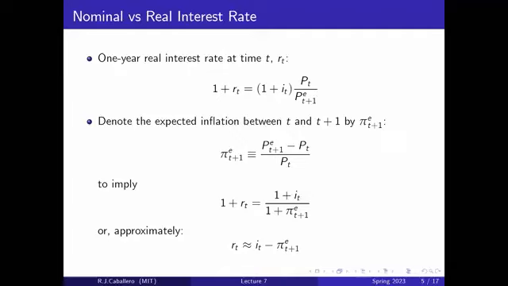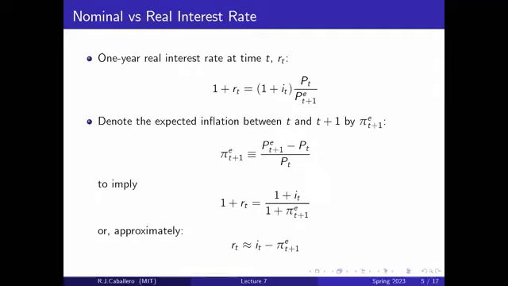So we arrived in the previous slide at the conclusion that 1 plus the real interest rate is equal to 1 plus the nominal interest rate times P_t over expected P_{t+1}. I'm going to denote expected inflation, the log change in the price level, or the rate of change of the price level from year t to year t plus 1, as pi^e_{t+1}.